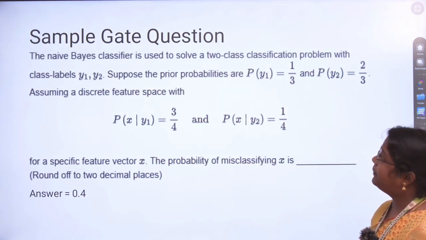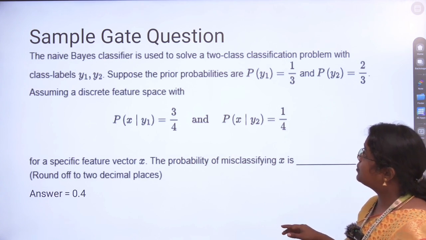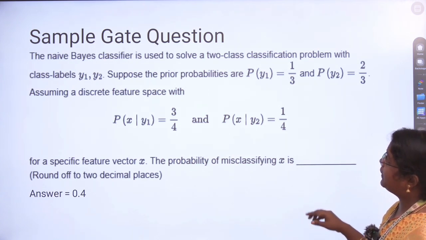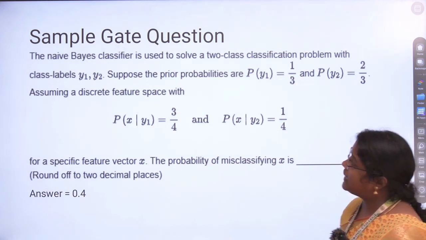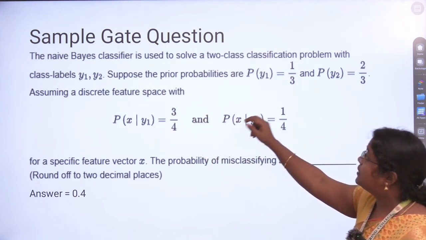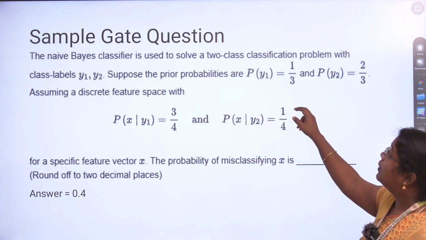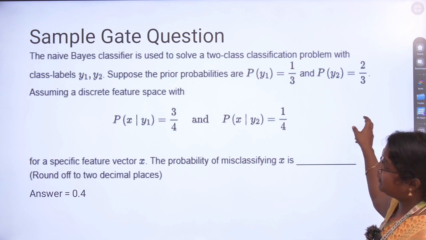So this is a sample GATE question. You can see the Naive Bayes classifier is used to solve a two-class classification, which means this is a binary classification problem with class labels y1, y2. These are the output labels. Suppose the prior probability of y1 is 1 by 3 and the probability of y2 is 2 by 3.